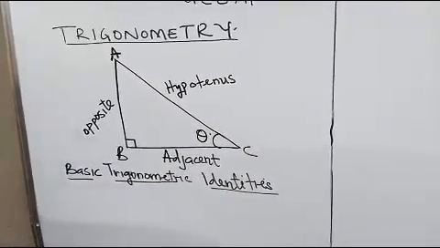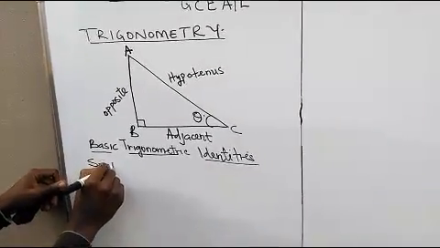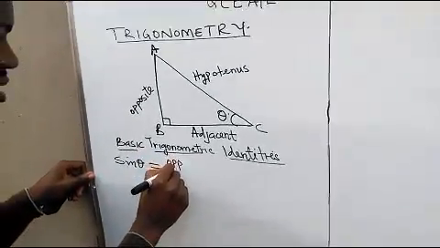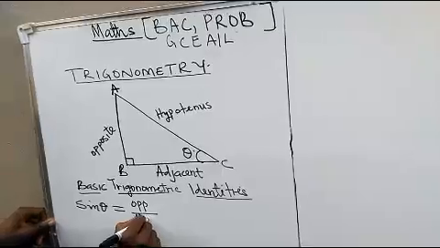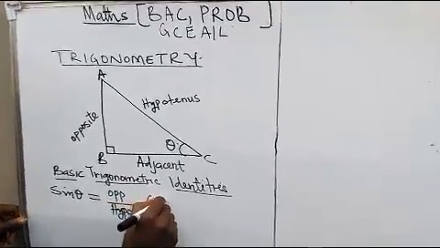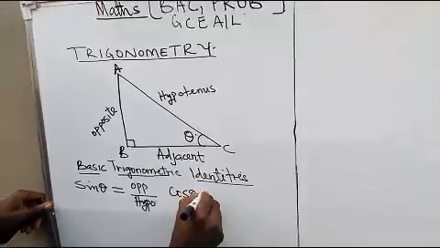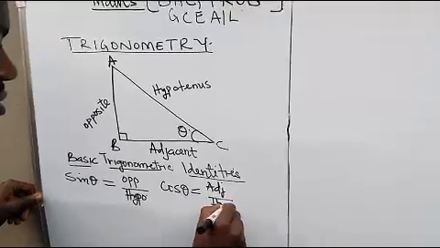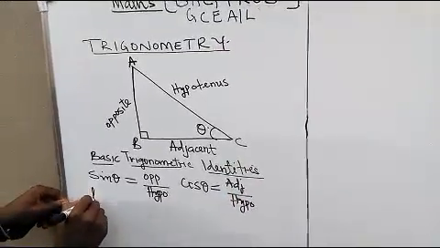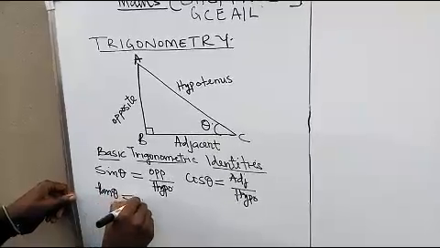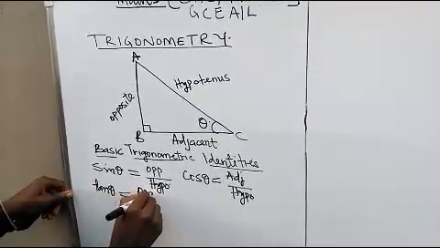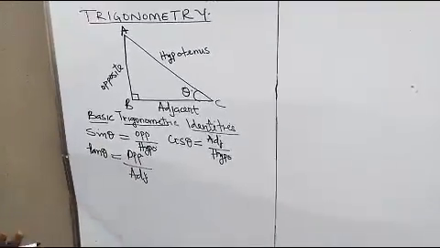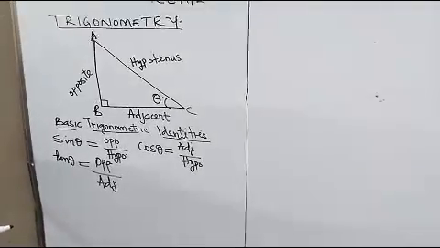Our basic trigonometric identities, which are sine theta of our angle, which simply means the opposite side on the hypotenuse, and cos theta of our angle, which is simply the adjacent on the hypotenuse. And we move to tan theta, which is simply the opposite on the adjacent. So these are our basic trigonometric identities which we are going to be using in trigonometry.